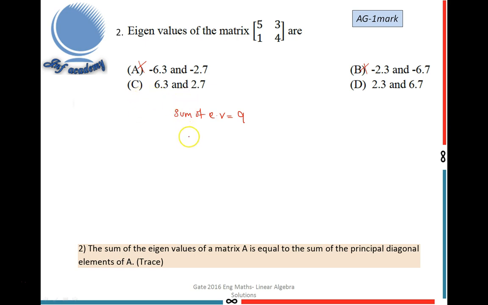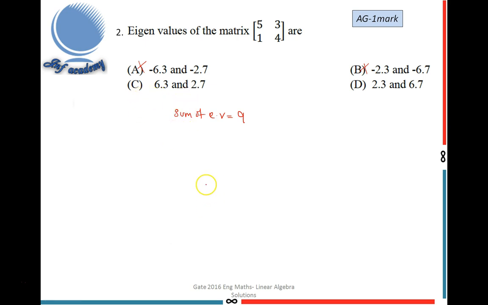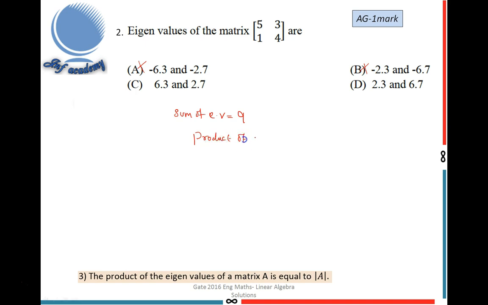Next, I use another property, that is, the product of the eigenvalues of a matrix A equals the determinant of A. Product of eigenvalues equals determinant of A. Determinant is 5 into 4 minus 3, which equals 17.